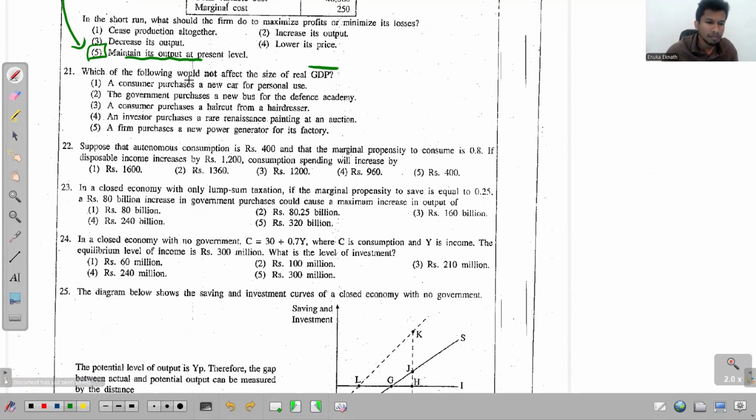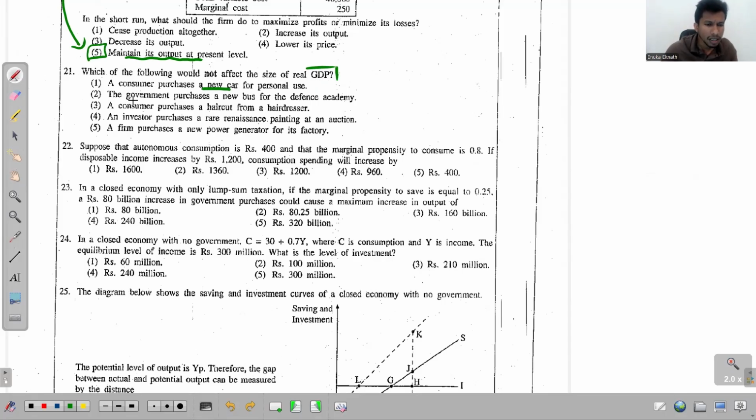Right. Consumer purchases a new car for personal use. If it's a new car, it's a value addition to the economy. So GDP is simply the total of all the value additions in the economy. So when one consumer purchases a new car, the GDP will increase.